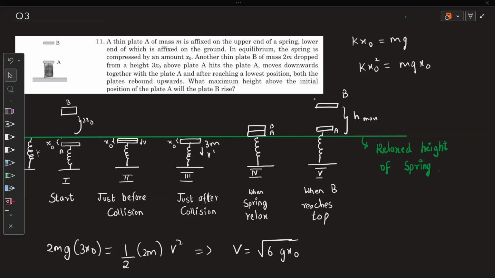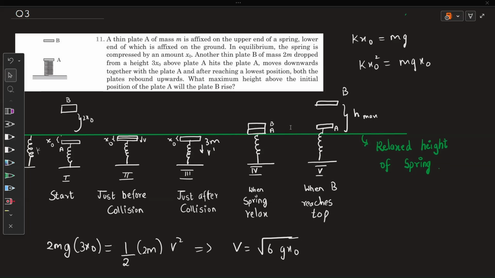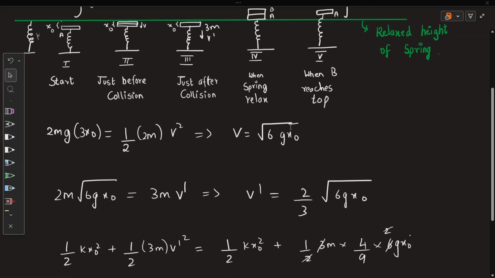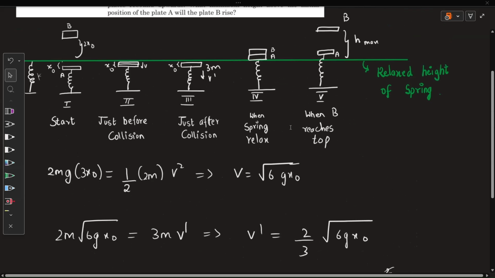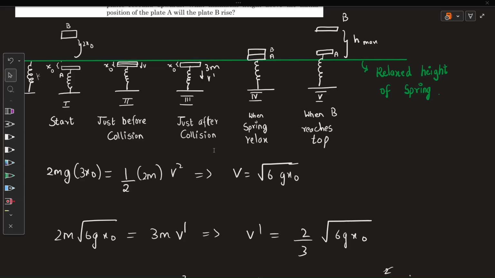When B reaches the topmost position, we don't know the exact height of A and the velocity of A in order to equate the energies. So we can't directly find it using this. So let's conserve energy between 3 and 4 and find the velocity of B at the topmost position, and then we can find out the height reached. So this is the energy in the third case.